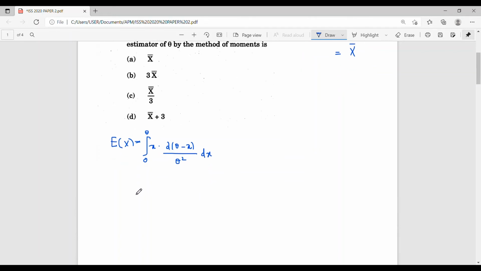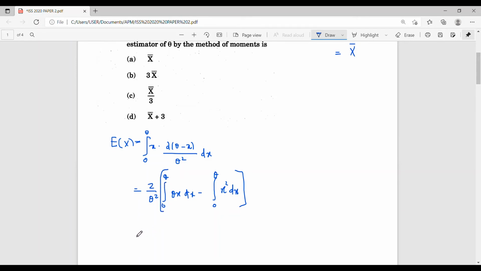We can take 2 by theta square outside. So it is equal to 2 by theta square into the integral from 0 to theta of theta x dx minus the integral from 0 to theta of x square dx, and let's put them inside the brackets.